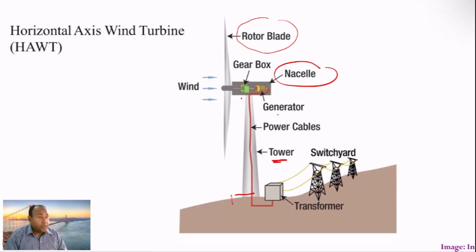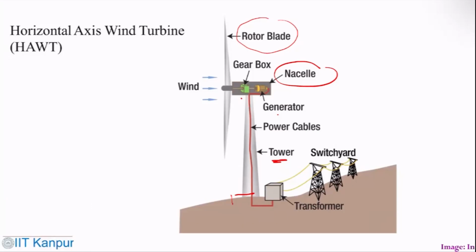The overall picture is always good to have in your mind, how the system works and the flow of the process. Here, in the context of a horizontal axis wind turbine, this is your generator, which is obviously what converts this rotary motion into electricity.